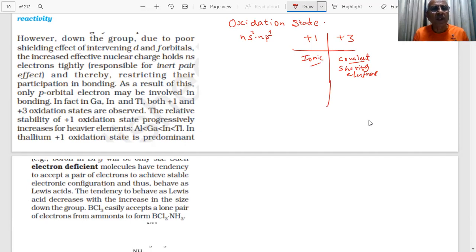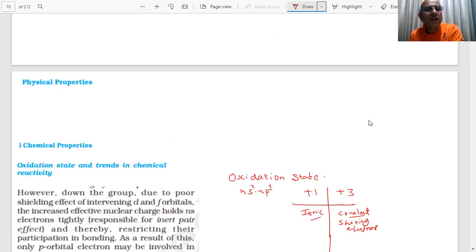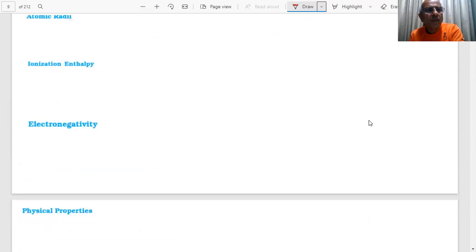But the important thing, students, is what we find in the oxidation states of these elements. We have a table somewhere.